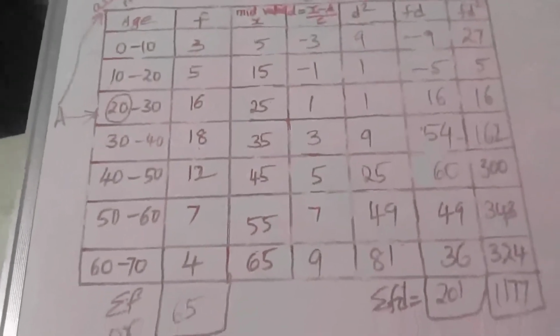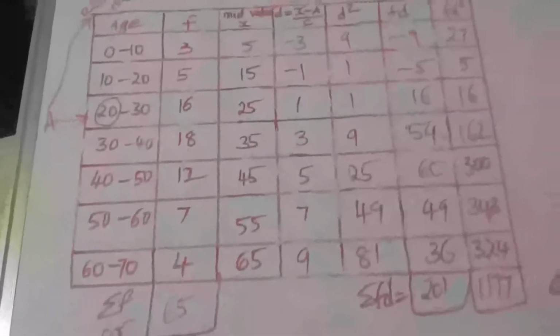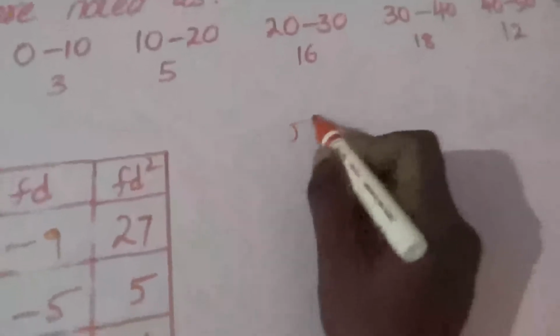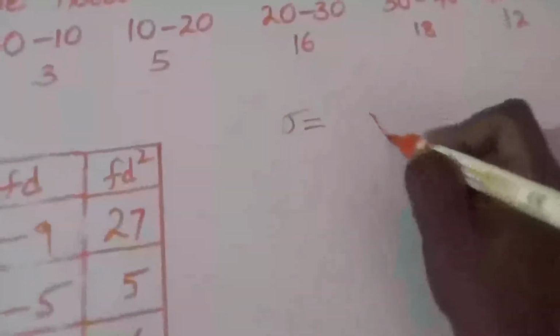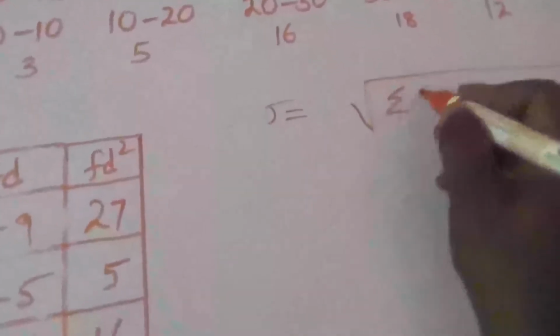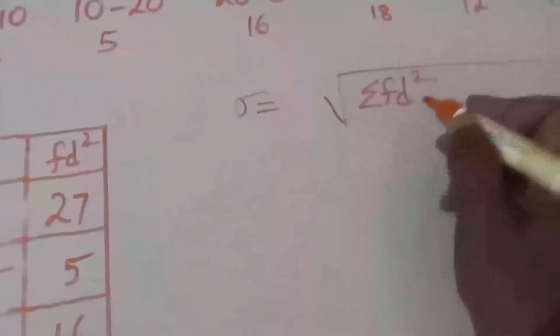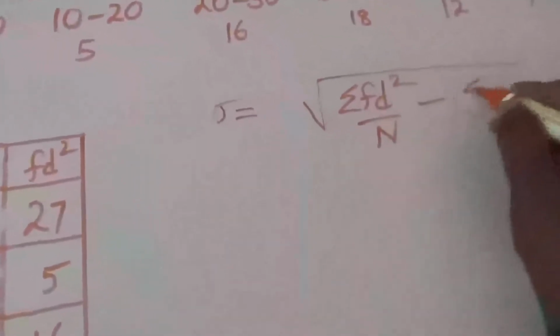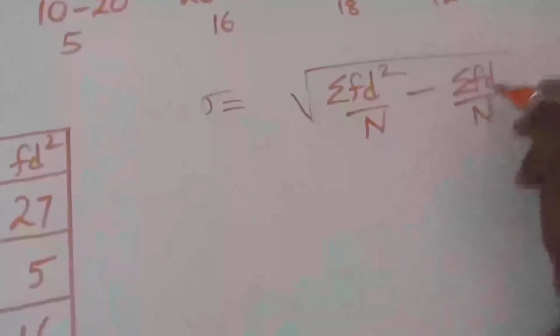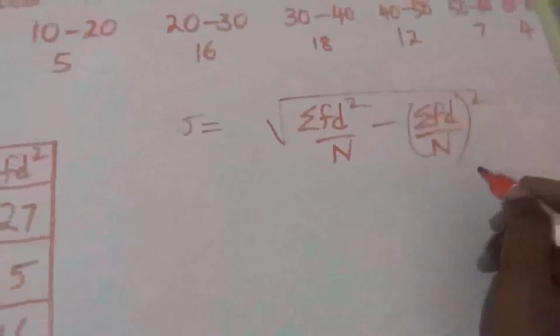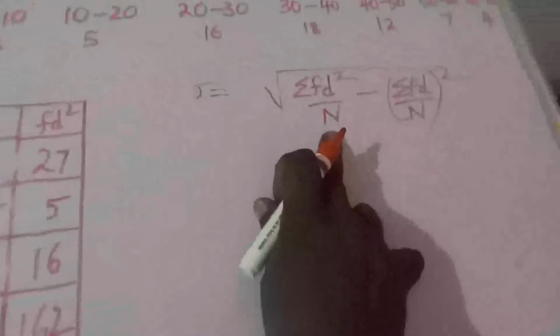So now what are all the values required for the formula have been calculated. Now let us write the formula. Sigma equals root of summation fd square by n minus summation fd by n, the whole square. Previously in one problem you wrote the same formula.